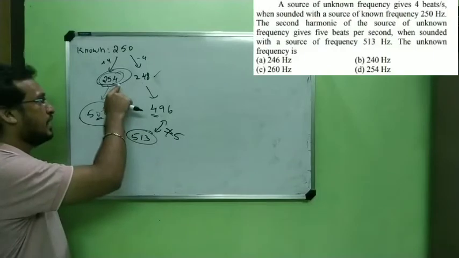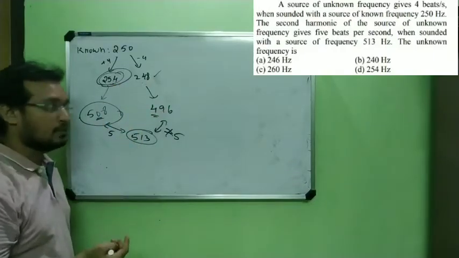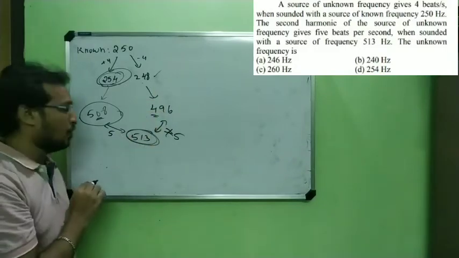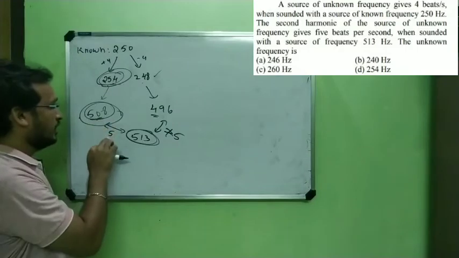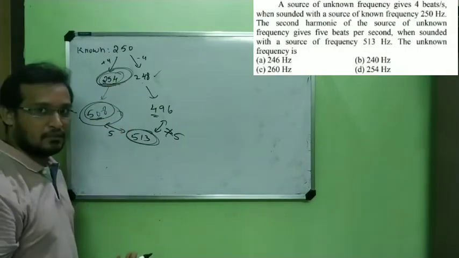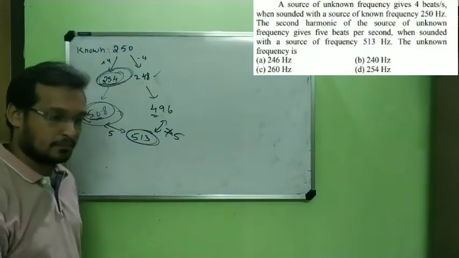Find the second harmonics, 508 and 496, and check which one gives a difference equal to 5. Only 508 does, so that is the required frequency. Understood? Okay. Next question.